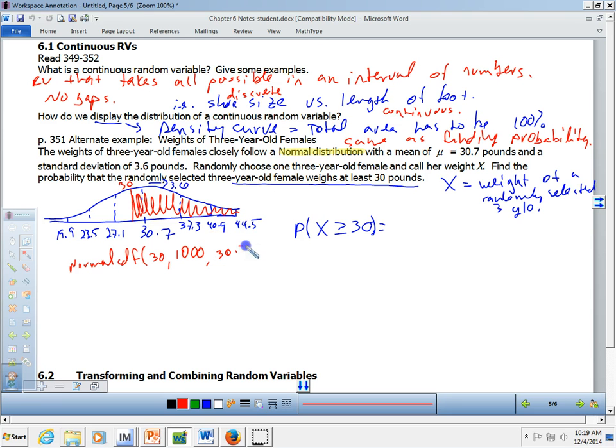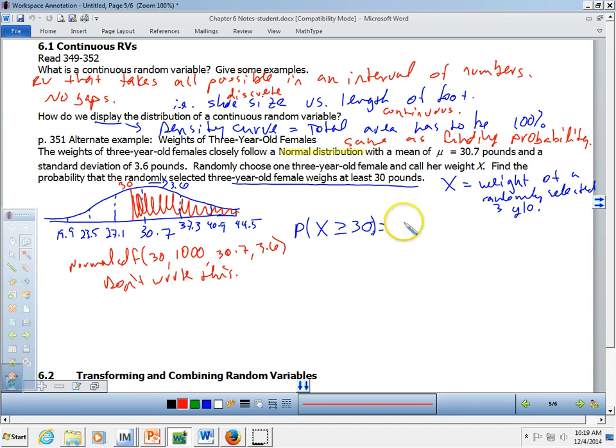Your mean would be 30.7 and your standard deviation 3.6. And that would give you your probability. Okay? Now, shading the curve like this is your work if you want to use a calculator. Don't write this down. You don't have to write this for your work. Shade your curve and state your value, and that's enough to show your work.